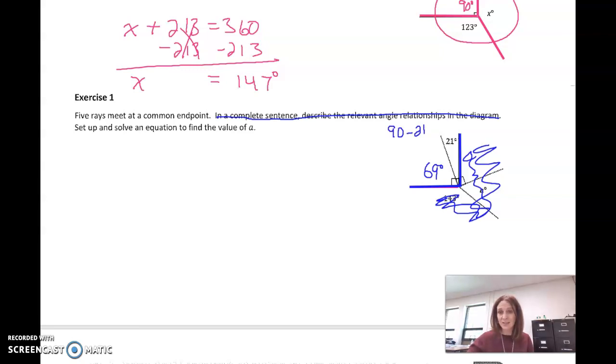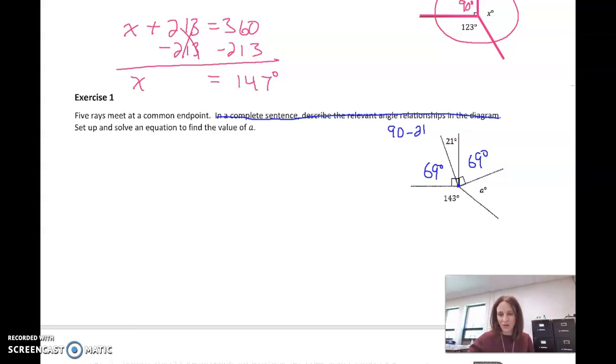Now I know this is 69, this is 21. Let's come out here and figure out this right angle. This is a right angle, that's what this means right here. Again, 21 plus what number equals 90 degrees? Well, 90 minus 21, this is also 69 degrees.